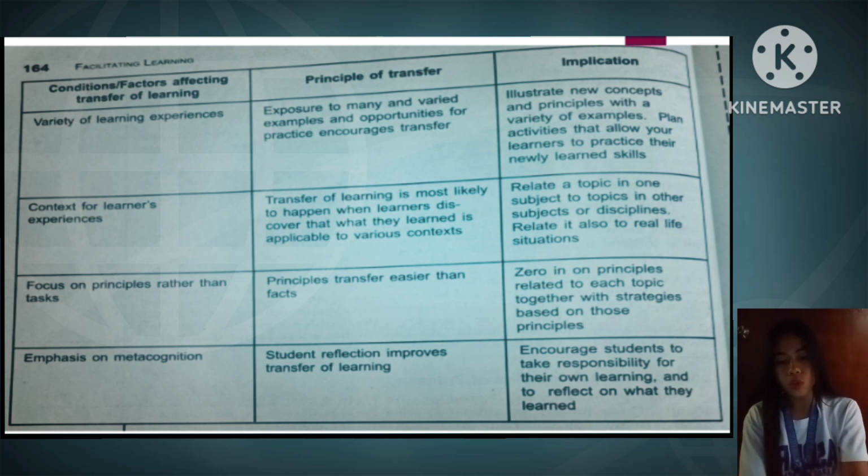Relate it also to real life situations. Next is focus on principles rather than tasks. Principles transfer more easily. So, zero in on principles related to each topic together with strategies based on those principles.